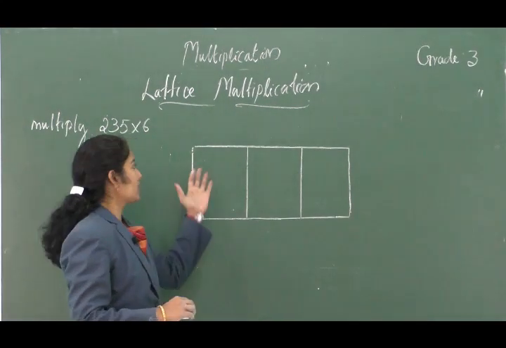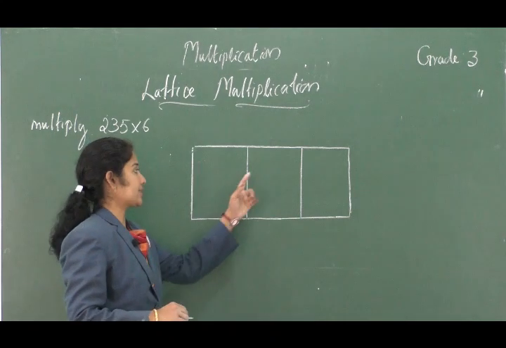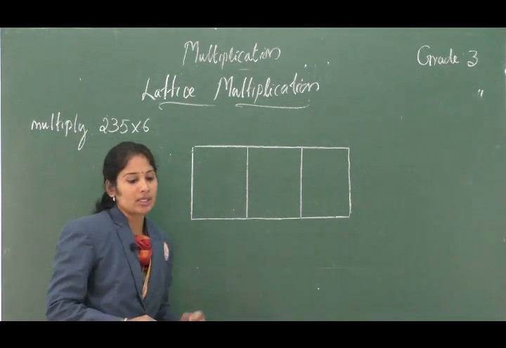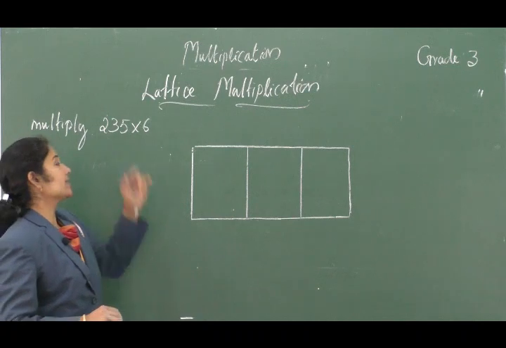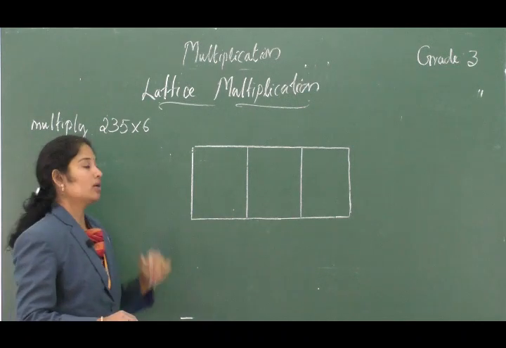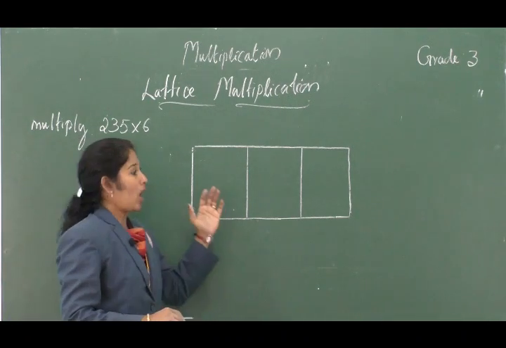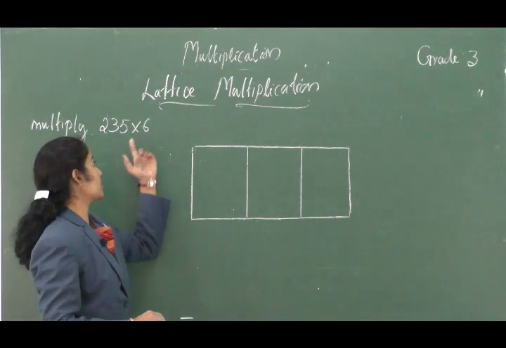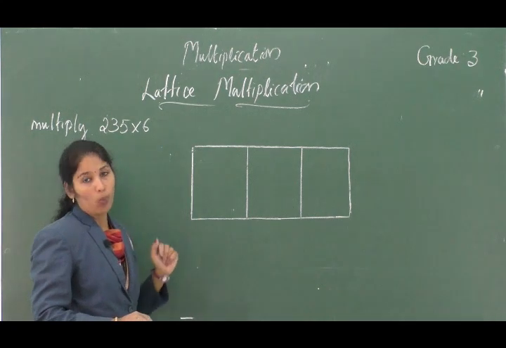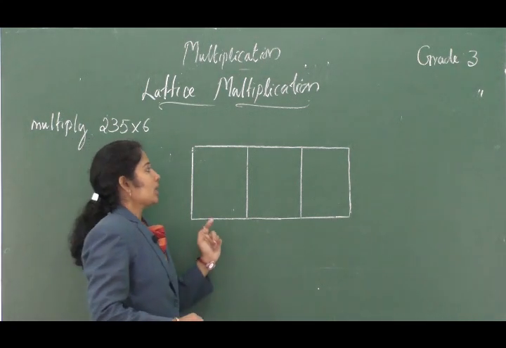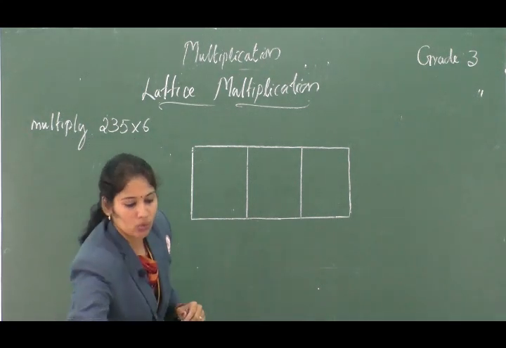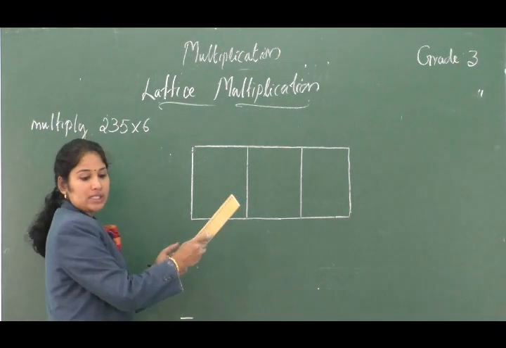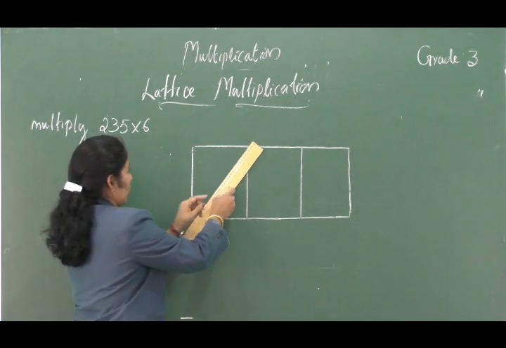Children, how many columns do we have? Yes, 3 columns. So, our multiplicand is a 3-digit number. So, we have 3 columns. How many rows do we have? Yes, 1 row. So, our multiplier is a one digit number. Now we can draw a diagonal across each column.